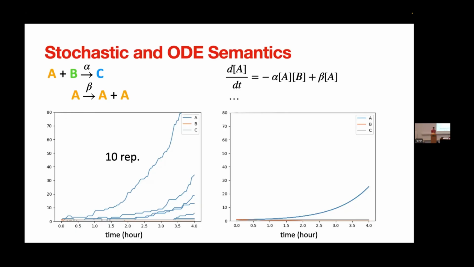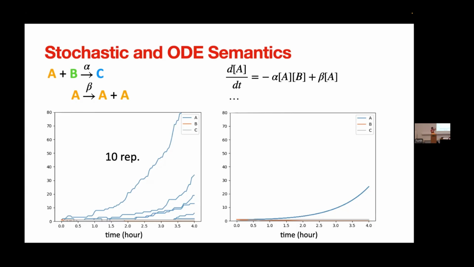There's another way of giving meaning to an execution, a semantics for the same system, which is based on ordinary differential equations. It's considered to be less precise, deterministic, and sometimes not exactly true, but you can think of it as having the mean value, the expected value of all the trajectories. There's a very mechanical transformation going on here. It's very simple.